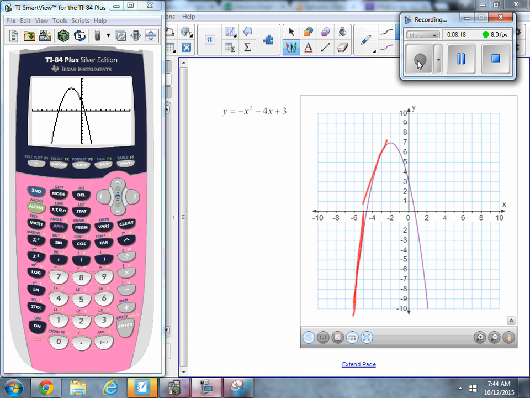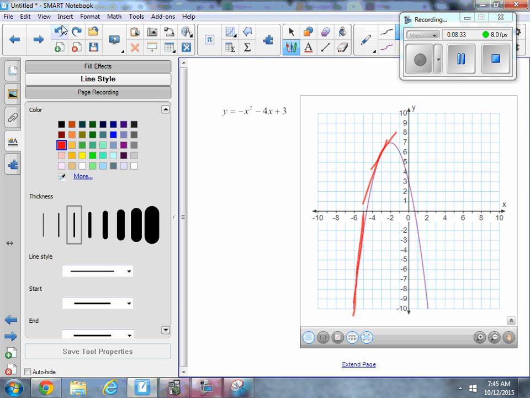But as I get closer and closer to the maximum, my tangent line is totally horizontal at the very tip there. And then it starts aiming downward.